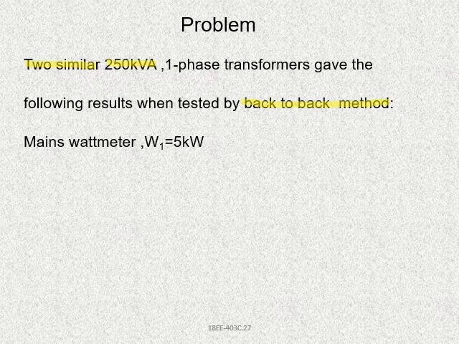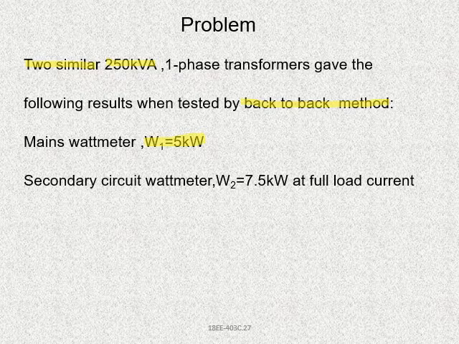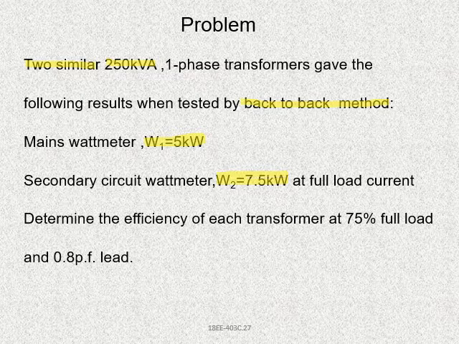The main wattmeter W1 reads 5 kilowatts and the secondary circuit wattmeter W2 reads 7.5 kilowatts at full load current. Determine the efficiency of each transformer at 75% of full load at 0.8 power factor lead.